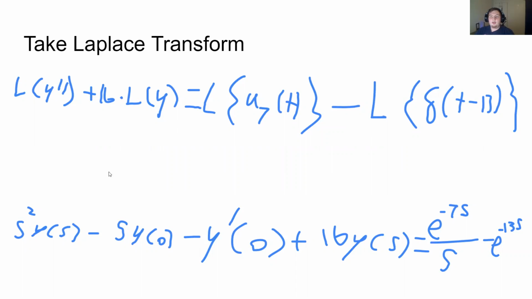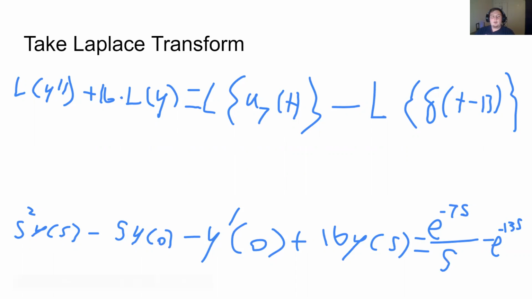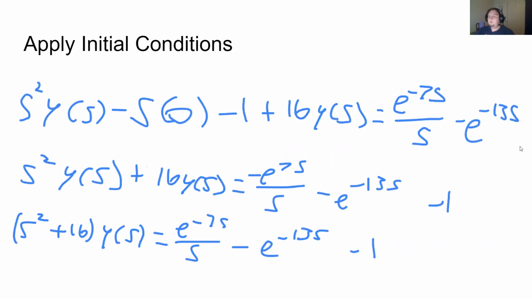After we've taken the Laplace of each term, we get the new equation in the form s squared times Y of s minus s times y of 0 minus y prime of 0 plus 16Y(s). And the right side comes out to e to the negative 7s divided by s minus e to the negative 13s.